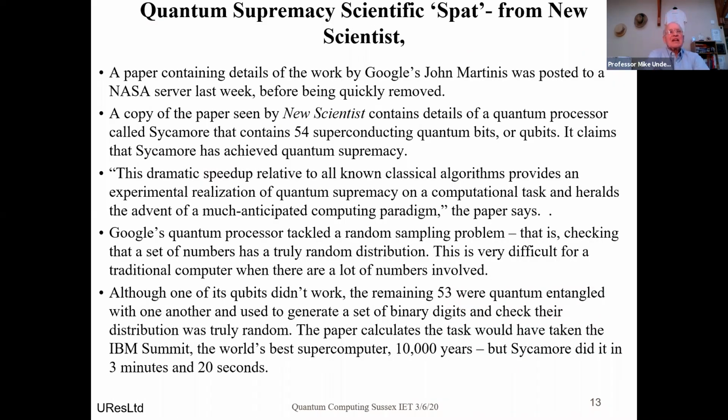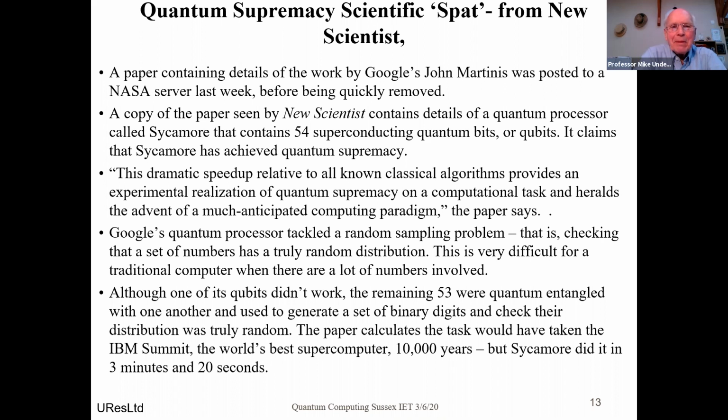So here's the little argument. There's tremendous competition at the moment. It's a very active field, and it's much more active than I believed it ever would be. We'll see a list of all the people active shortly, but the particular paper of the claim of Google's quantum supremacy has had some intriguing things happening to it.